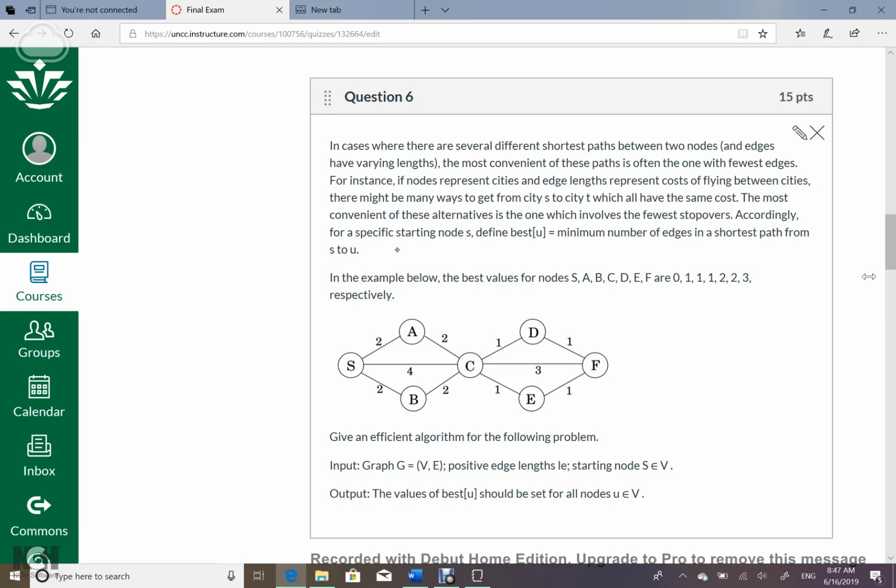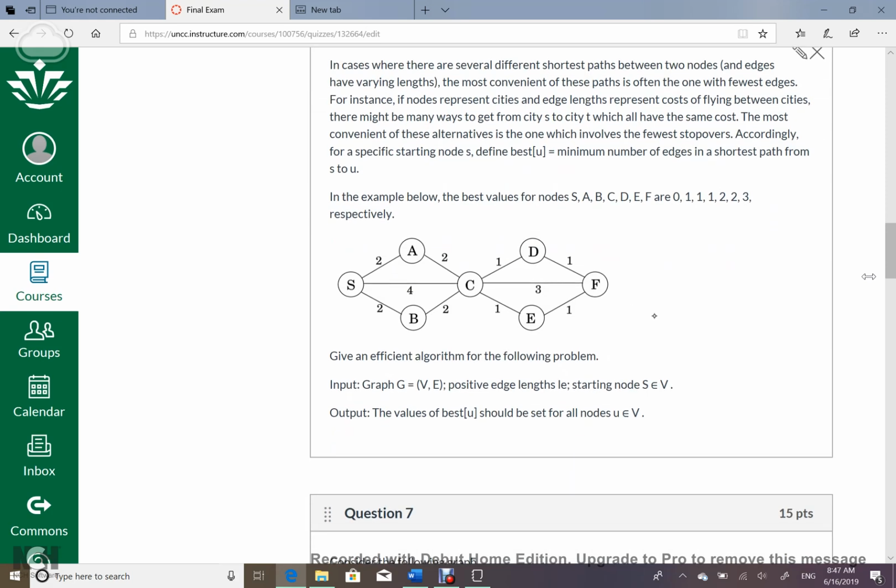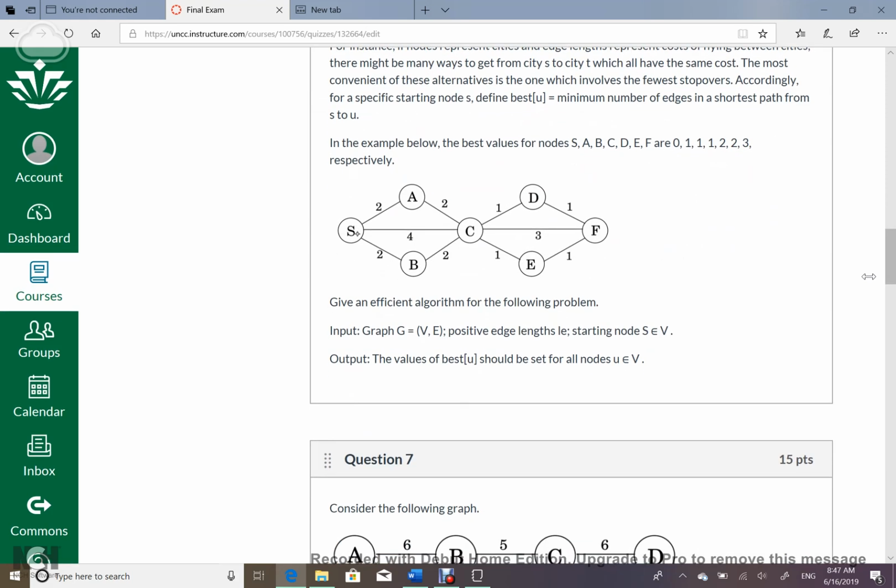Accordingly, for specific starting node S, define best of U as the minimum number of edges in a shortest path from S to U. So you need to find the minimum number of edges in your shortest path from S to U.